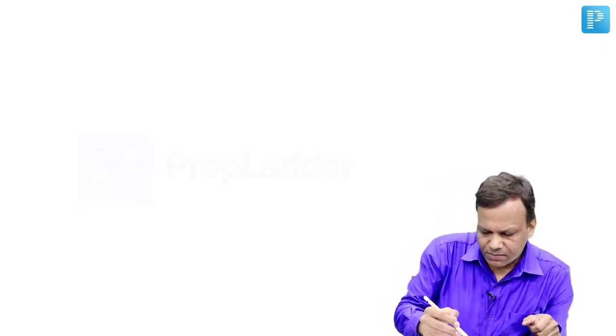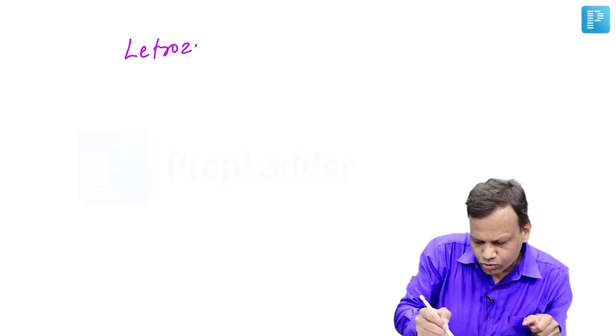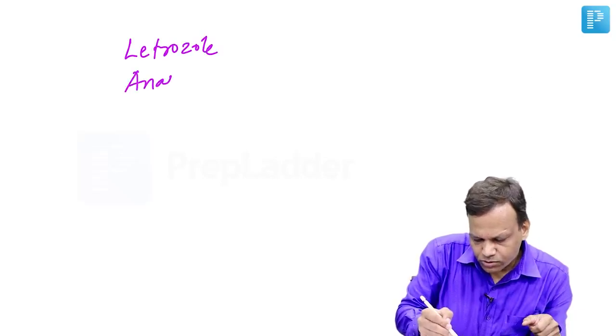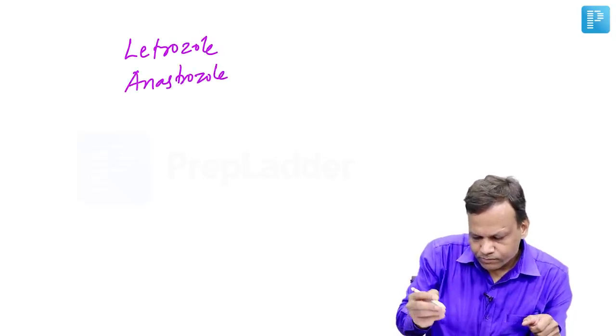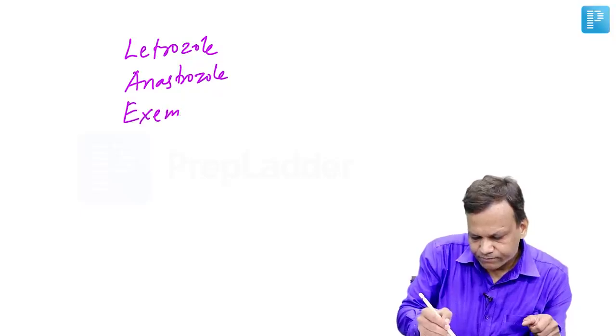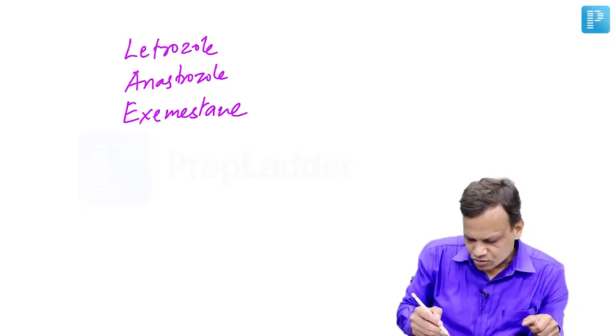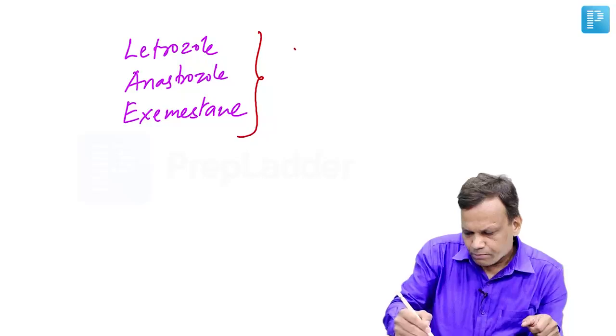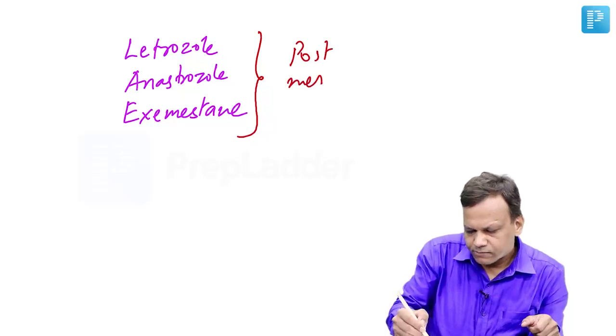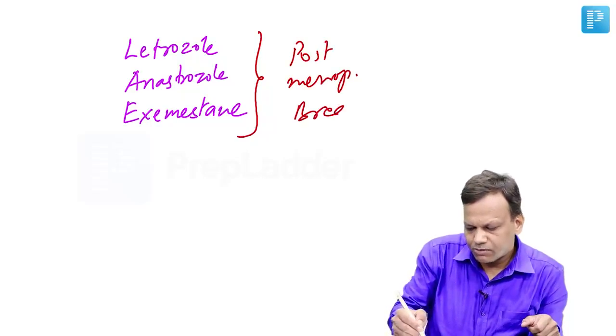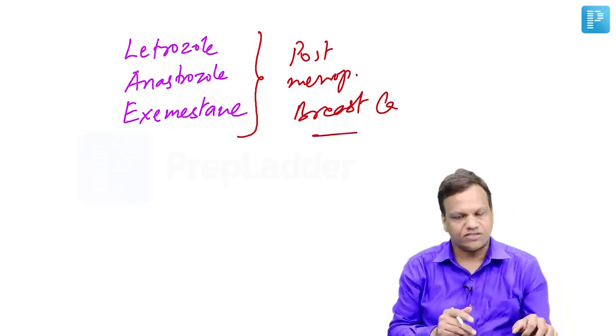The aromatase inhibitors include letrozole, anastrozole, exemestane. So these drugs decrease estrogen, so they can be used in postmenopausal breast carcinoma.